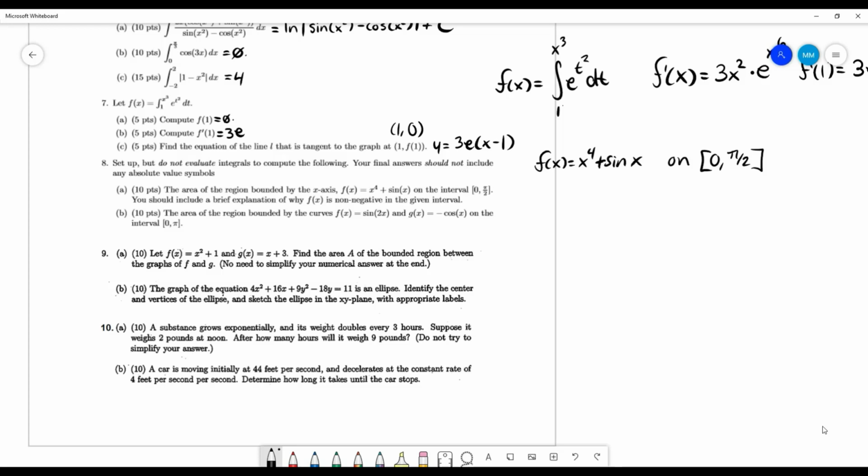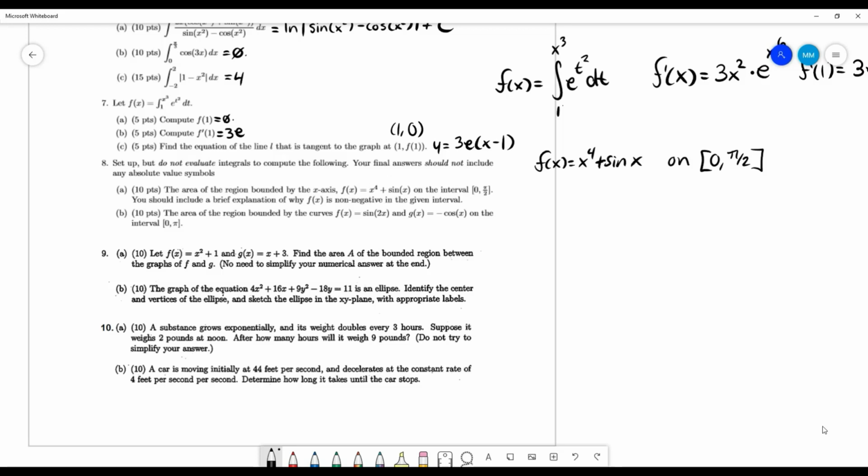Whew, I'm doing a poor job of explaining this. And I know that this doesn't cross the x-axis on this interval because the only time that this equals 0 on this interval is when x equals 0, and that is one of our endpoints. So that doesn't change anything.